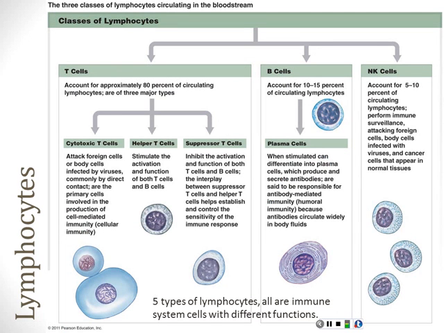T is for thymus. T cells spend some time in the thymus gland, which we'll talk more about in just a minute. B stands for bone marrow. B cells are made by the bone marrow, and they don't spend any time in the thymus.